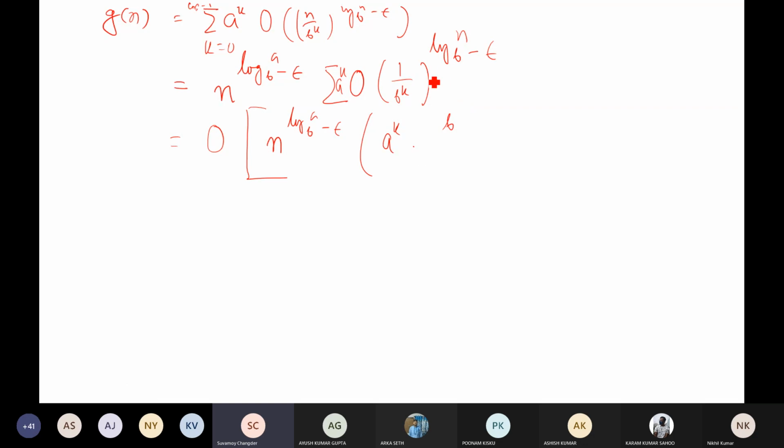So if we take this, what we will get is b to the power epsilon to the power k, and here we can write b to the power log a base b to the power k.